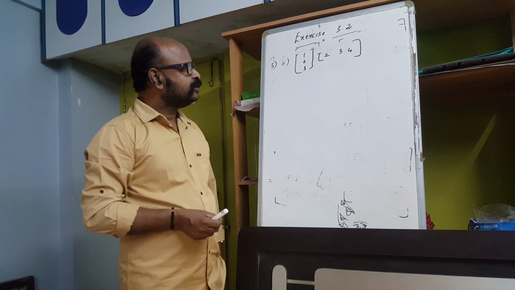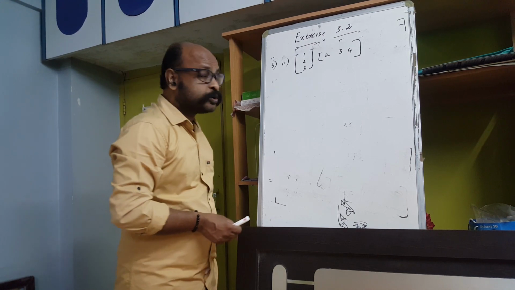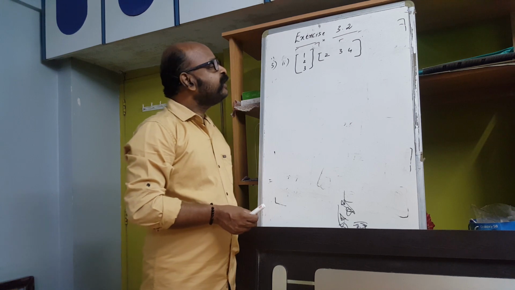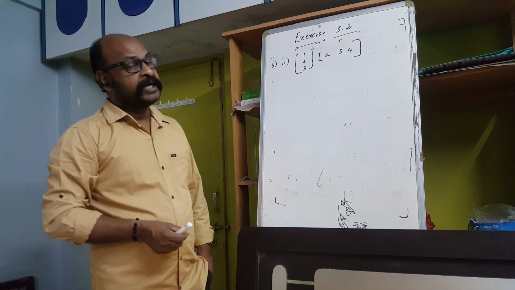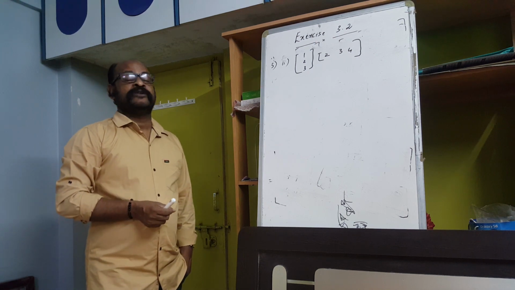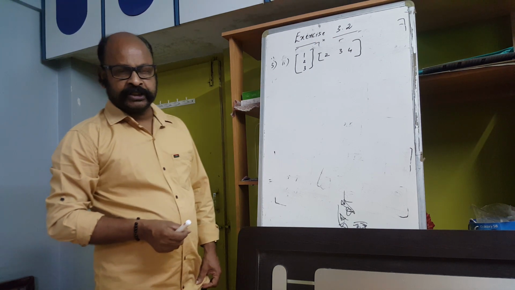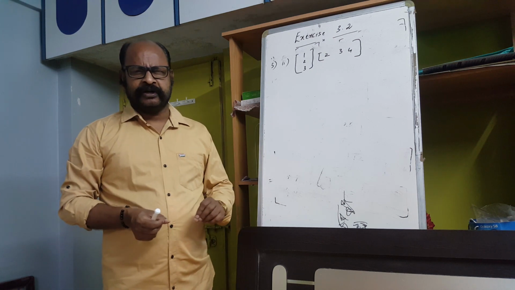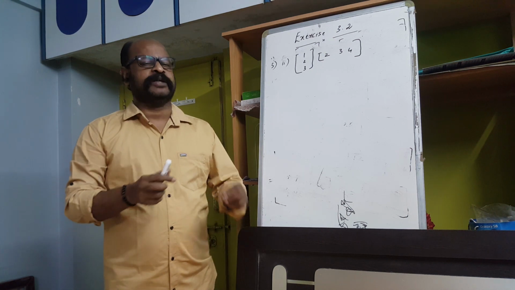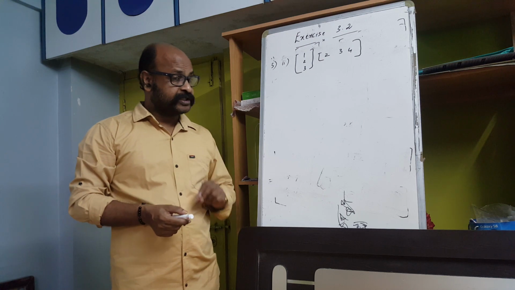But anyhow, the importance over here is we have to obtain the product of these two matrices. As we said earlier, whenever we have to obtain the product, don't start with the direct multiplication. What to be done first?